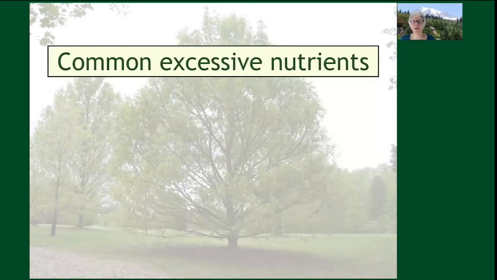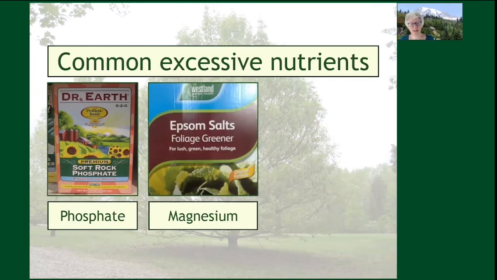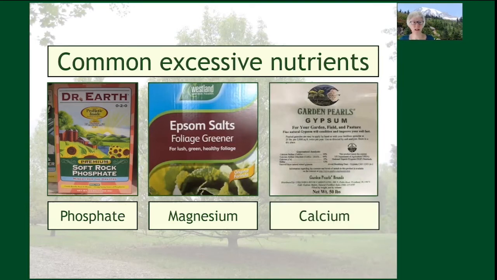So the most common nutrients that you'll find in your sites as being excessive, in other words, over optimal levels, are things like phosphate, things like magnesium, which is what Epsom salts is, that's magnesium sulfate, and things like calcium.